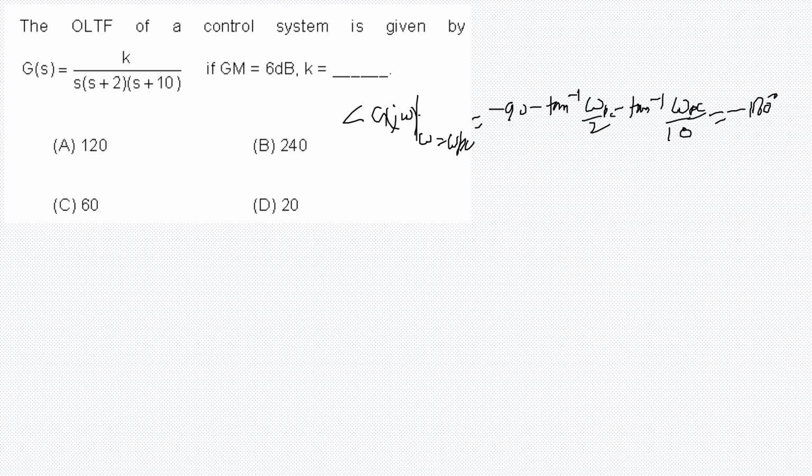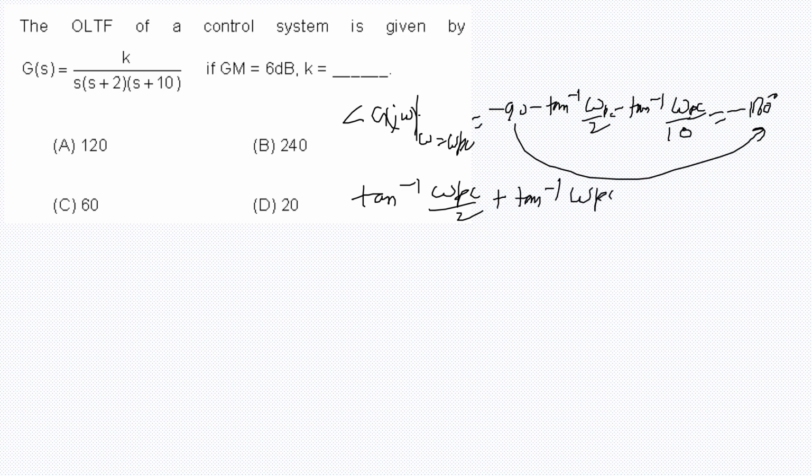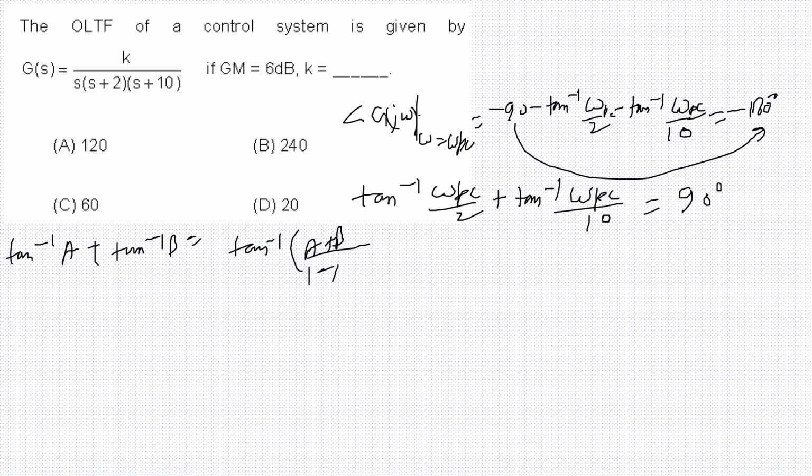Now we do a bit of shuffling here, and take this 90 to the other side and do a bit of calculation. Then we get tan inverse of omega pc by 2 plus tan inverse of omega pc by 10 equals 90 degrees. Now what we can apply here is, tan inverse of a plus tan inverse of b is equal to tan inverse of (a plus b) over (1 minus ab).